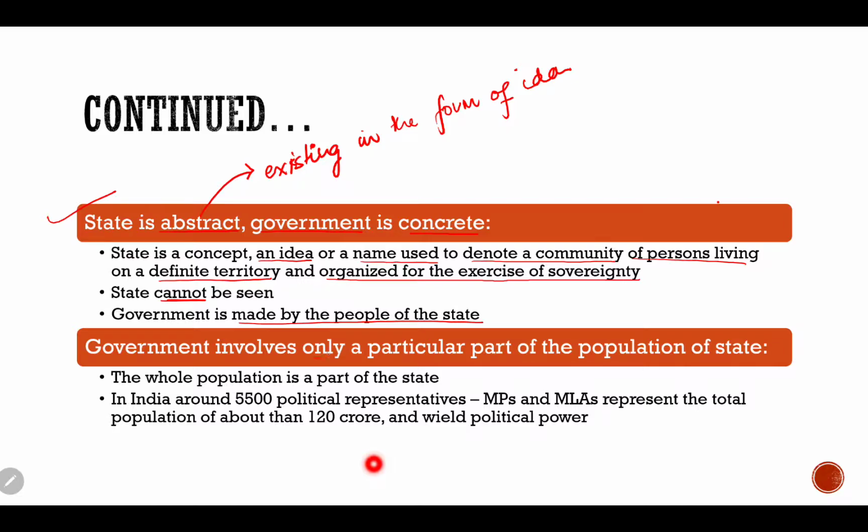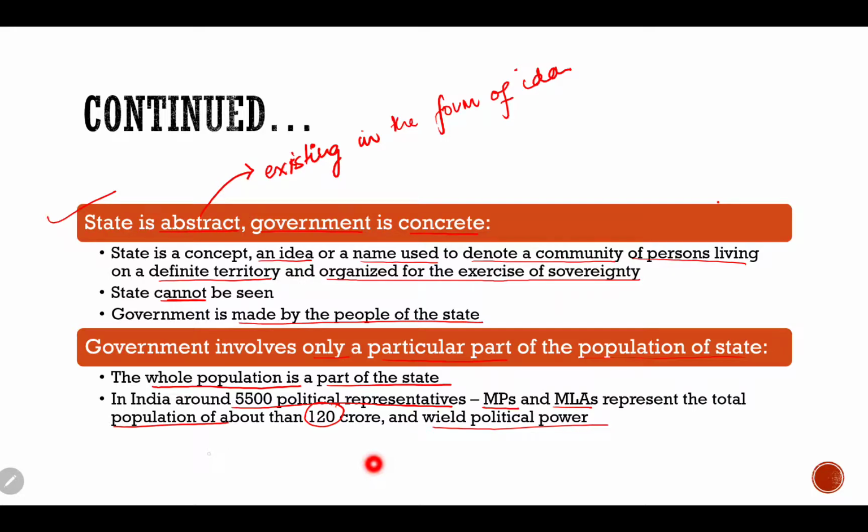Government involves one particular part of the population of the state, okay. In India, around 5,500 political representatives, MPs and MLAs, represent the total population.